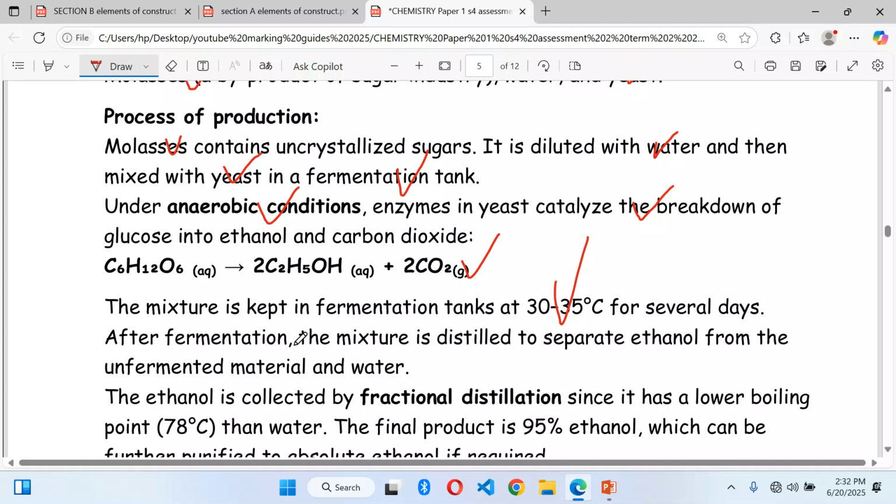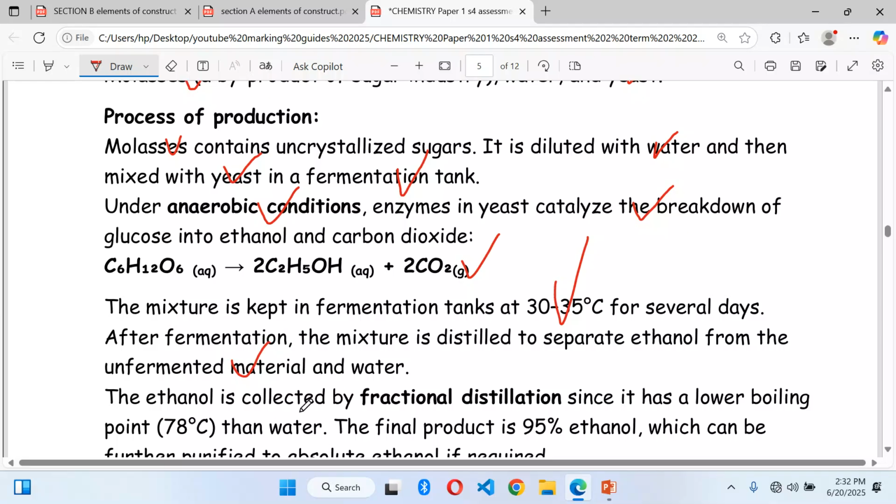After fermentation, the mixture is distilled to separate ethanol from the unfermented material and water. So there is this physical process where we are separating ethanol from the water and other materials.